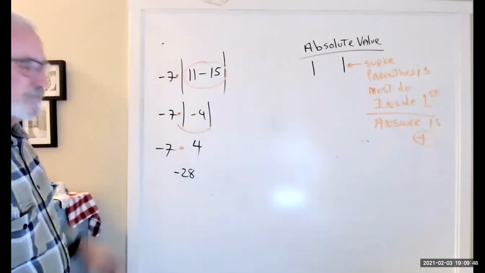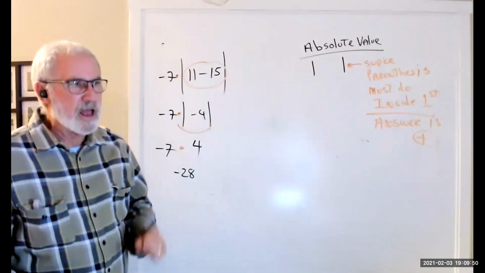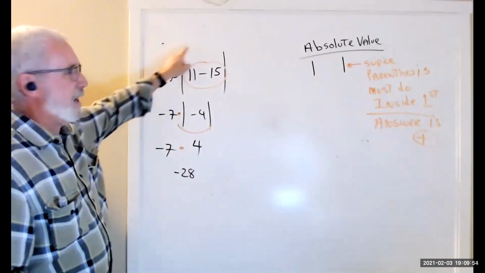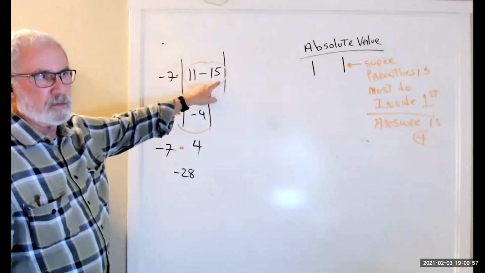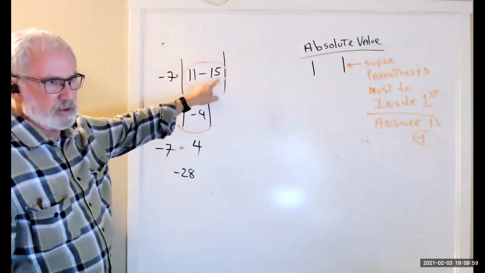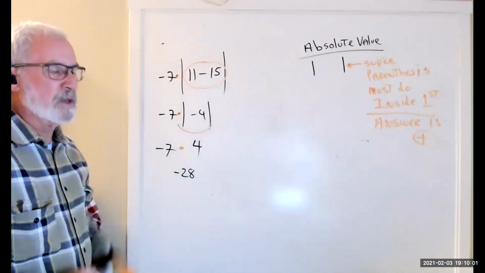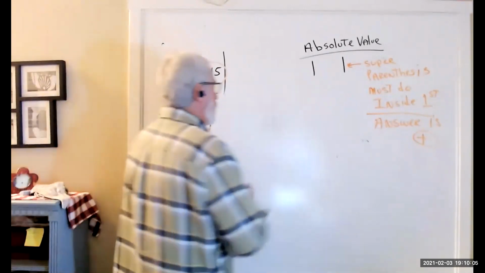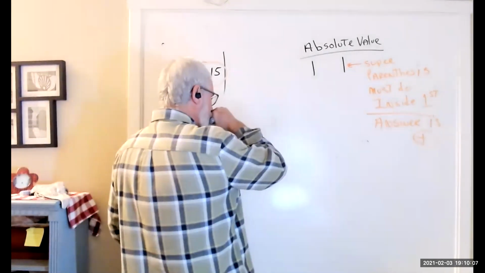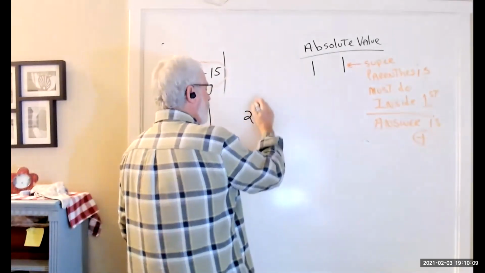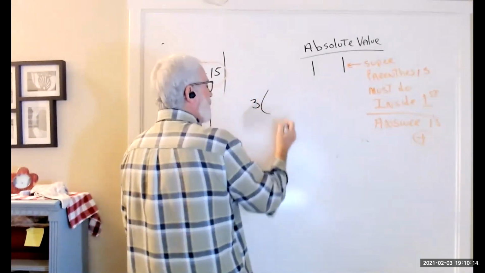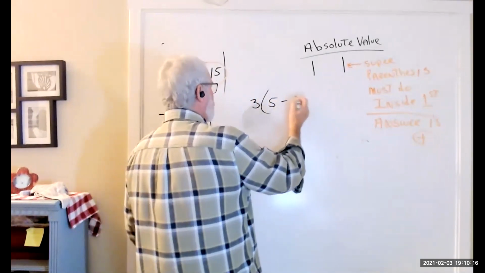The other thing, never, ever, never distribute into an absolute value. Never, okay? It will screw you up literally 50% of the time. Suppose we had 3 parentheses, 5 minus 7.